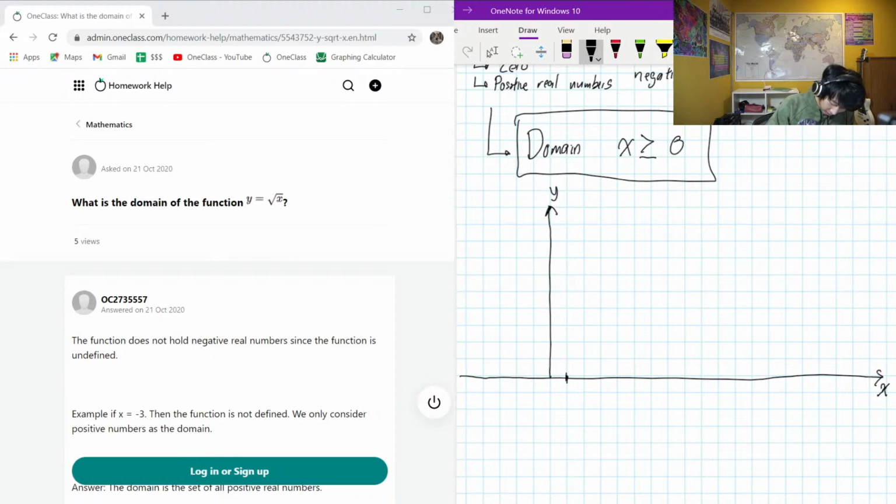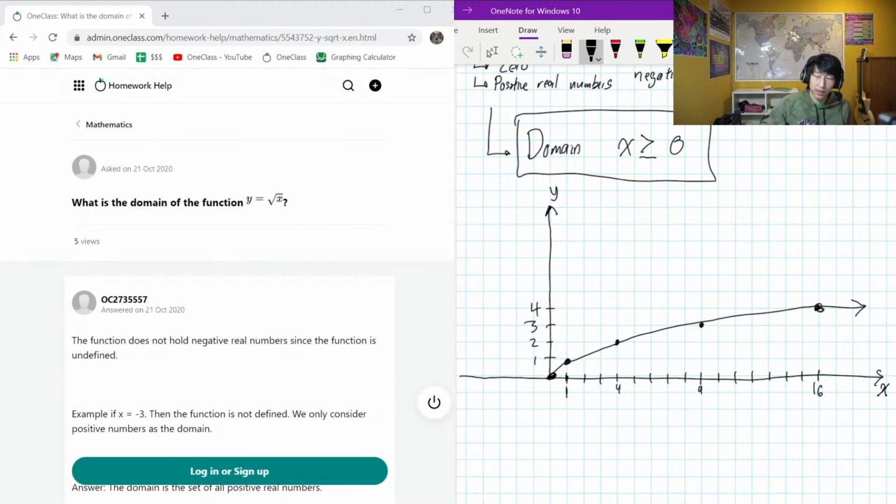Okay, so this is 1, 2, 3, 4, 5, 6, 7, 8, 9, 10, 11, 12, 13, 14, 15, 16, and 1, 2, 3, 4. We would have a function that looks like this. Okay, 0 is good. But it has a fairly slow, curving downwards type of growth.